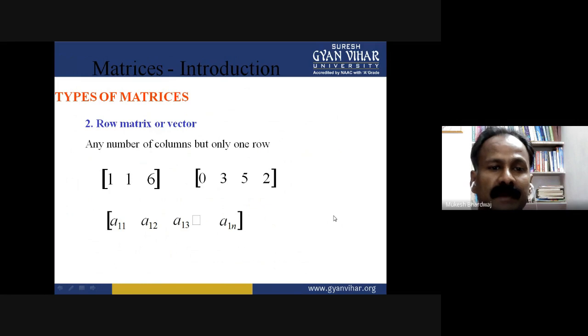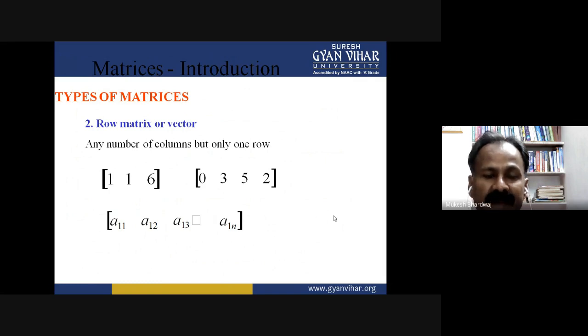Second, row matrix or vector: any number of columns but only one row. That is, columns can be as many, but the row can be only one. For example, 1 1 6 is one row, three columns. 0 3 5 2 is one row, four columns.